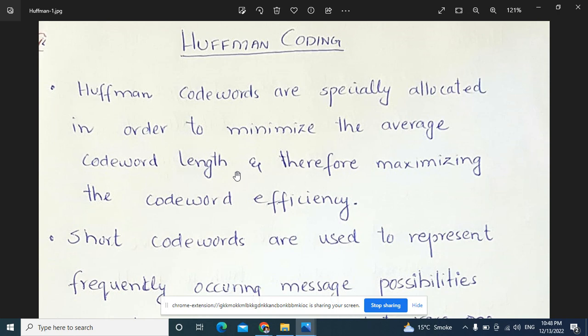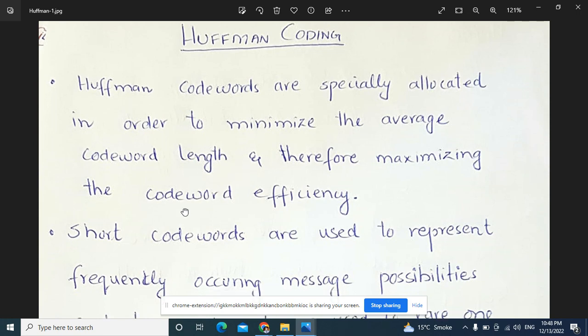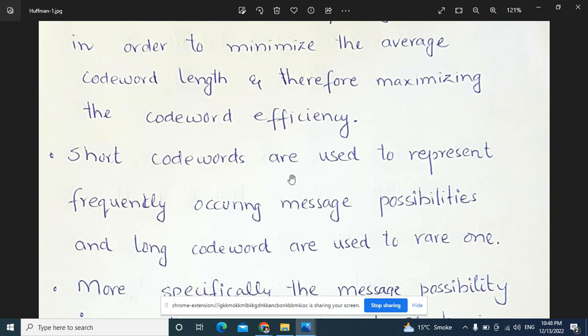It means that you need to compress your data, or change the length of a message or the code word. If you vary the length of the code word, the code word efficiency will be increased and the code word length will be decreased. Short code words are used to represent frequently occurring message possibilities, and long code words are used to represent rare ones.